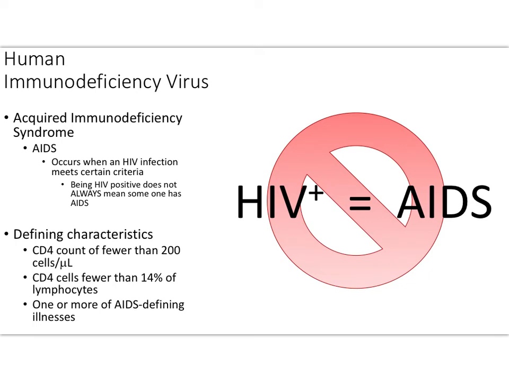It does not necessarily mean they have AIDS. Sometimes being HIV positive does mean that someone also has AIDS, but only when they meet certain criteria. Any one of these three criteria means that an HIV infection has progressed into AIDS. However, simply being HIV positive alone is not enough to say that someone has AIDS.